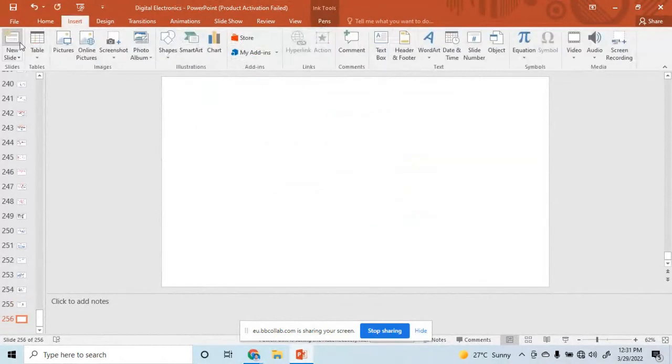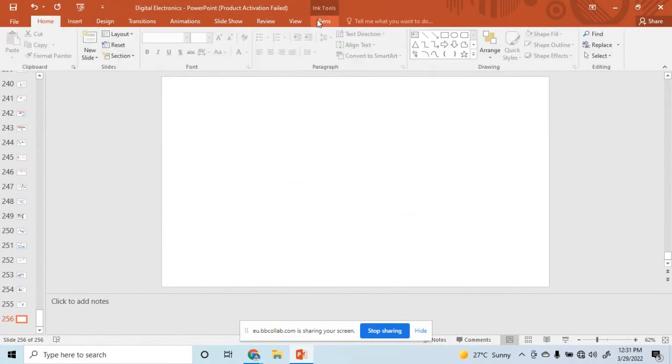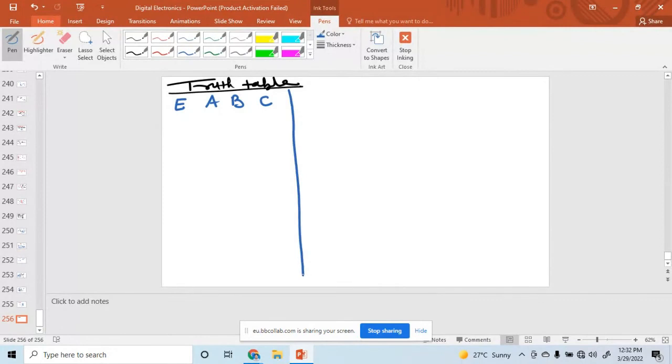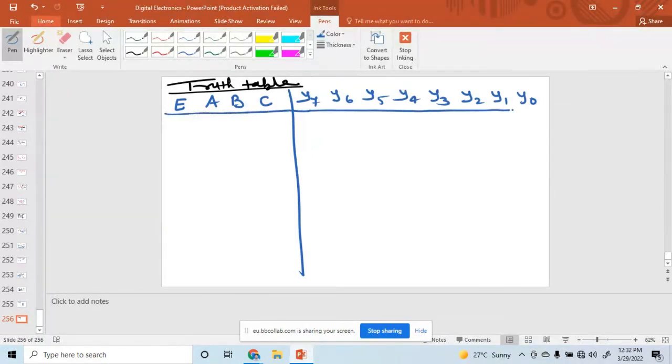So here the inputs: first I'm writing the enable line, and then the inputs A, B, and C, and then the outputs Y7, Y6, Y5, Y4, Y3, Y2, Y1, and Y0. These are all the outputs.